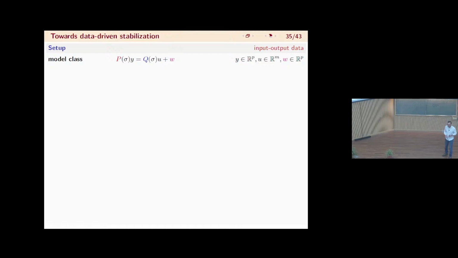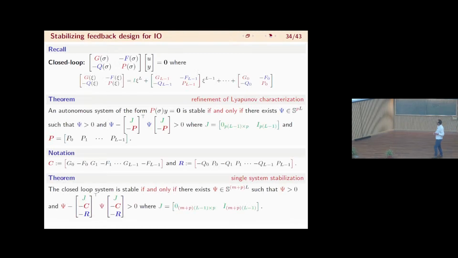Yes? The previous slide, the no data case. How do you normally solve this equation? Again, you make a Schur complement trick to get rid of this. Yes, but it is the same as in state space, for instance.